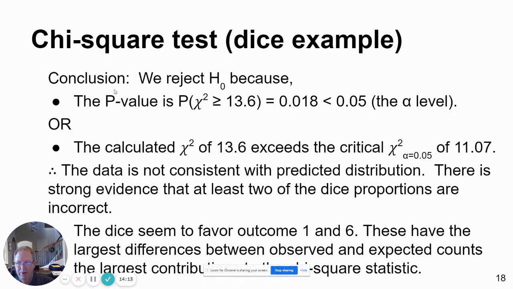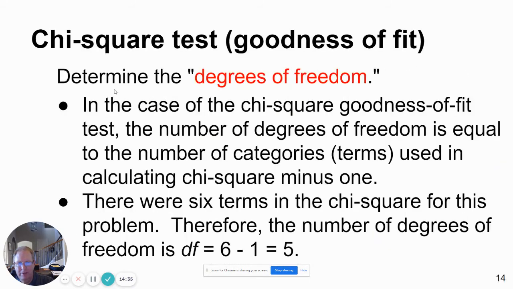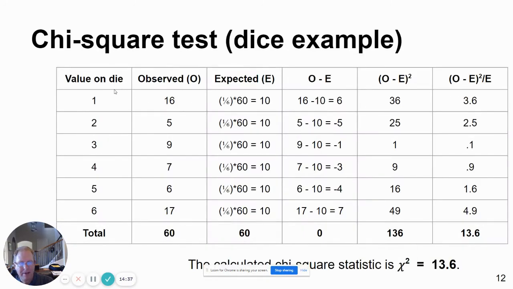If you reject the null hypothesis, then you're saying that the observed outcomes are inconsistent with the hypothesized proportions, and sometimes you may be asked to do a contribution analysis. And what that means is that you're going to go back to your calculations on this page and look at your last column.